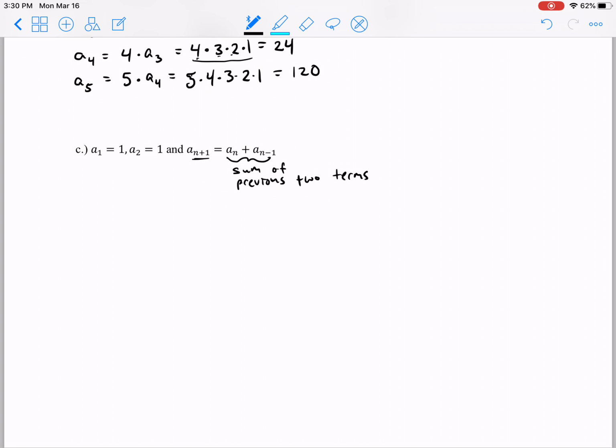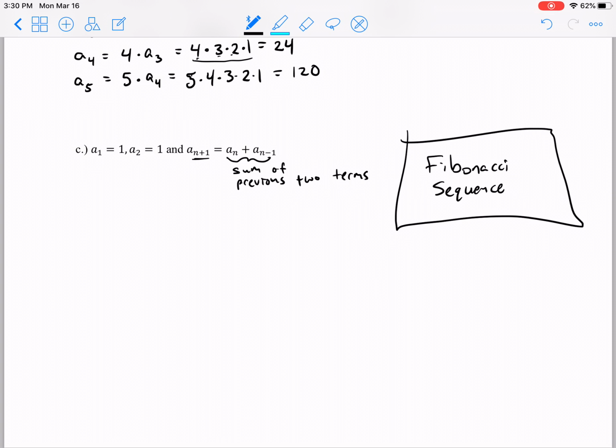And if you don't recognize that, that is actually a Fibonacci sequence.